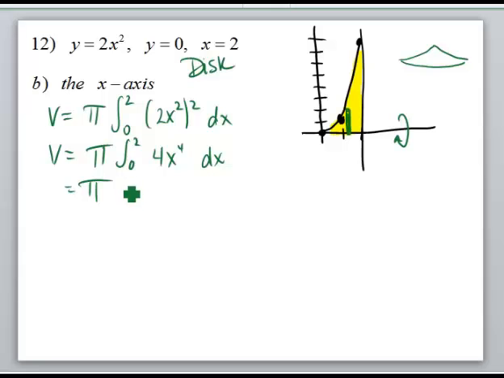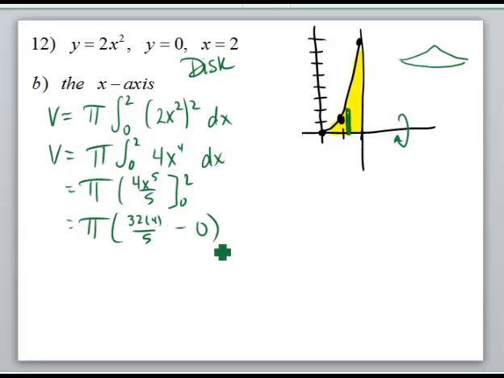Now when I integrate it, I get 4x to the 5th over 5 from 0 to 2. And then I'll plug in the 2 and I will get 32 times 4 all over 5 minus 0. That happens to be 128 pi over 5 is my answer.